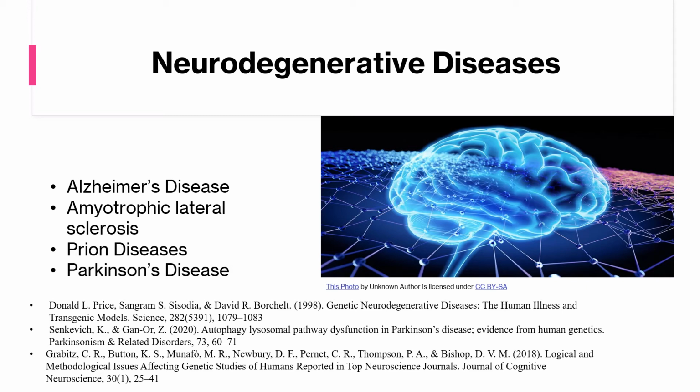Most neurodegenerative diseases are recognized by onset in adult life. They also involve characteristics such as distinct clinical phenotypes and cellular abnormalities.